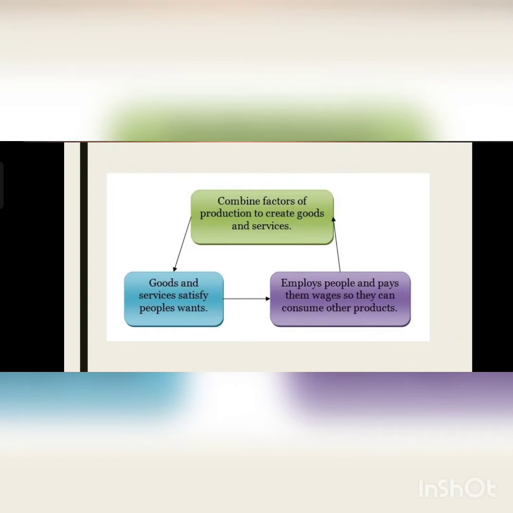Then you have the entrepreneur or the enterprise, that is basically the person or firm that is actually running a business. So you combine all these factors of production to produce goods and services for your customers, and for the people employed in your organization.